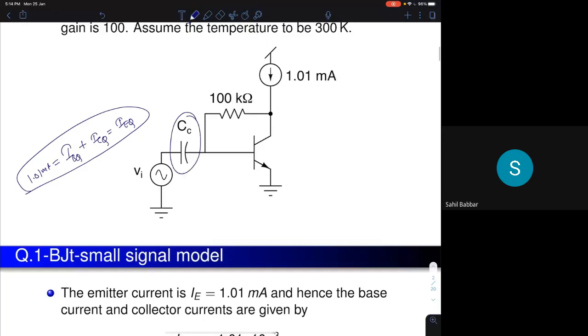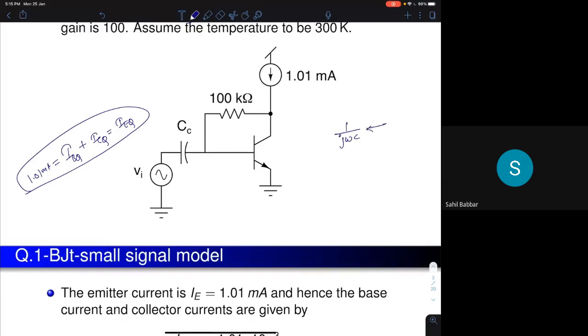It's a very simple thing. A capacitor will not have any DC current flowing across it. If any DC current flowed through the capacitor, the voltage would keep ramping up, but that doesn't happen in reality. The impedance of a capacitor, in frequency response, is 1 by j omega c.